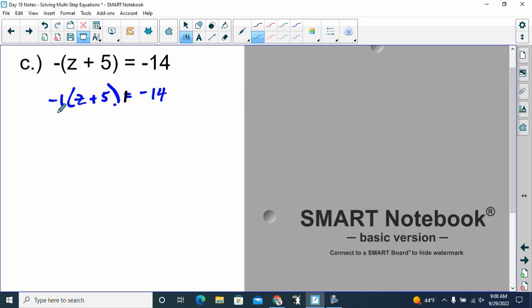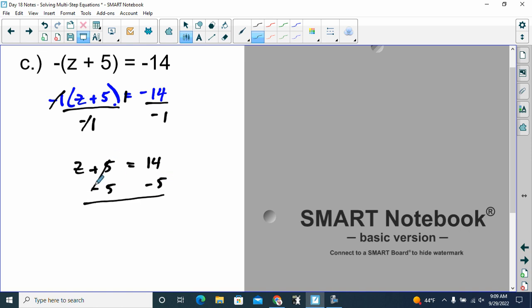So another way you could have done this, and maybe your Algebra 1 teacher taught it this way, was to start by dividing both sides by negative 1. z plus 5 equals negative divided by negative is positive 14, and then subtract 5. And we get the same answer, z equals 9.